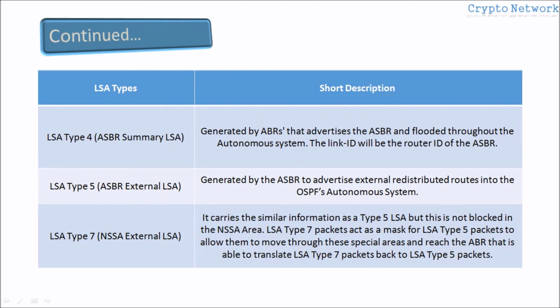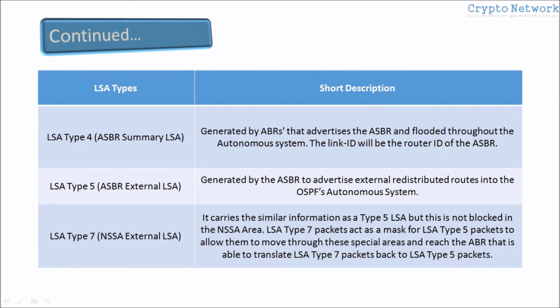NSSA external LSA packets are used for not so stubby areas that do not allow external distributed routes to go through and block LSA type 5 packets from flooding through them. LSA type 7 packets act as a mask for LSA type 5 to allow them to move through these special areas and reach the ABR that is able to translate LSA type 7 packets back to LSA type 5 packets.